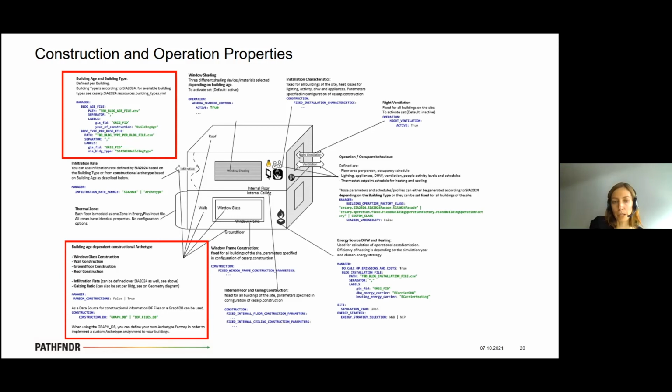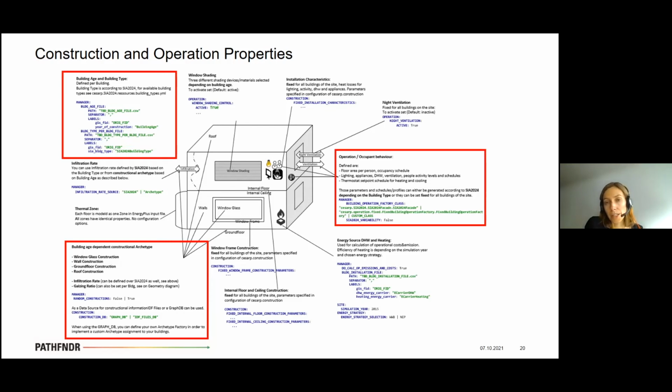And we use this information in the background of CESAR-P to get some archetypical information. For example, we used it for the construction. So we know a building is, for example, constructed in 1960, and at that time, a typical construction of walls and windows looked like that. And we assume this as an input for our simulations.